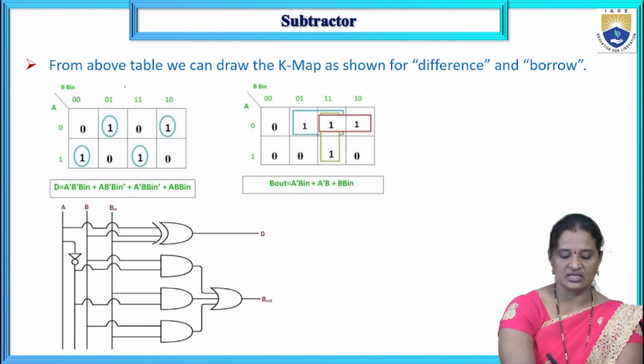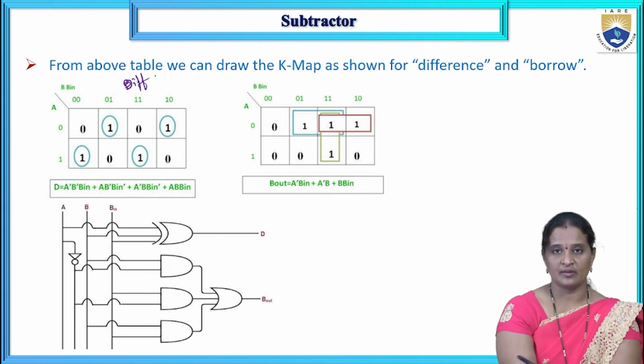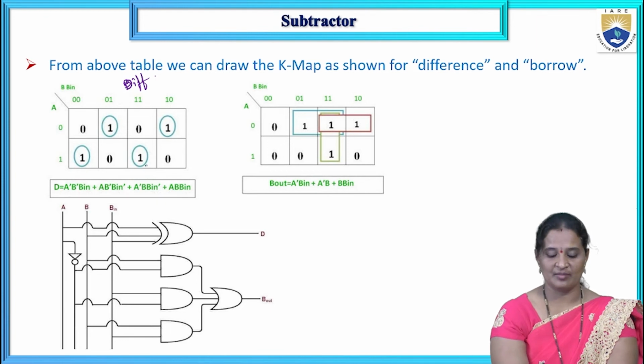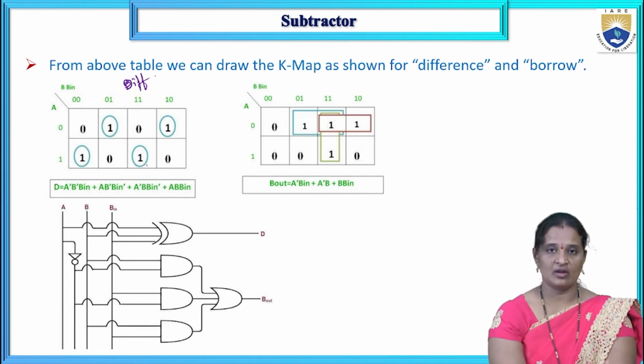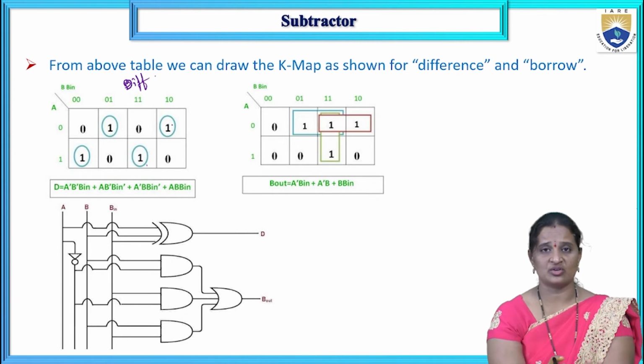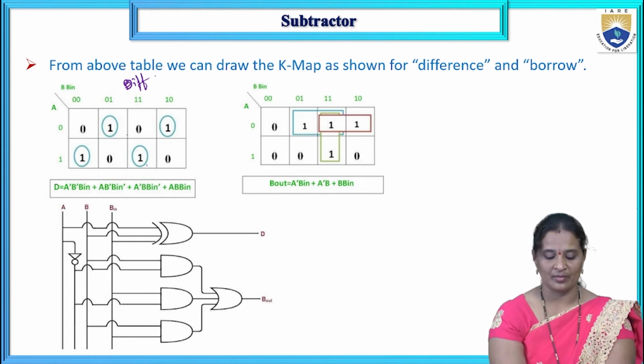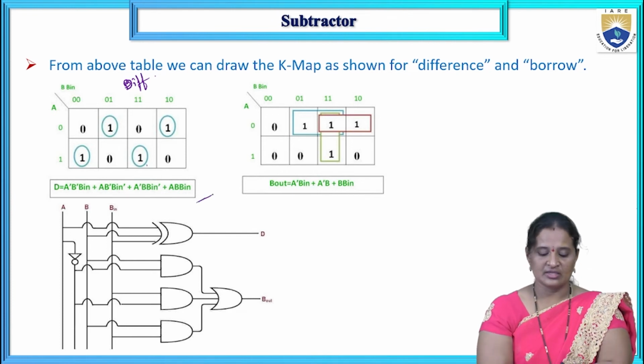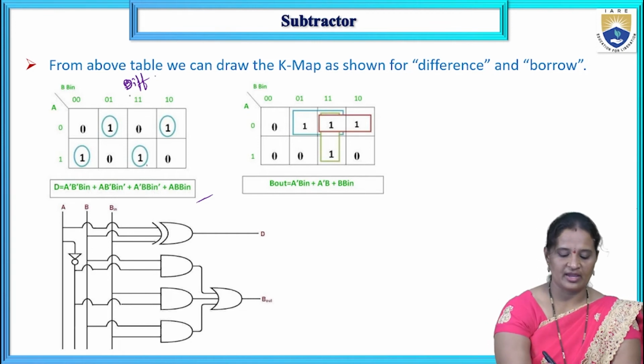So for the combinations 1, 2, 4, 7 the difference output is 1. This is the K-map for difference output: 1, 2, 4, 7. Can I group any of these cells together? No, because these are not adjacent, so I cannot group them. I can take them directly. So this is the equation. I can write this one as A bar, B bar, B in.